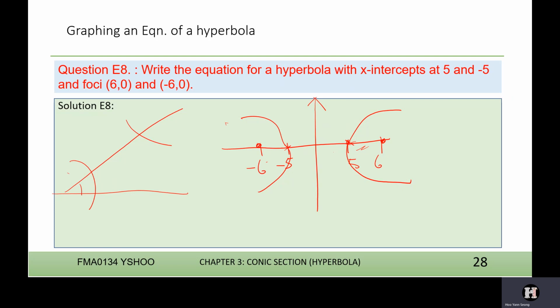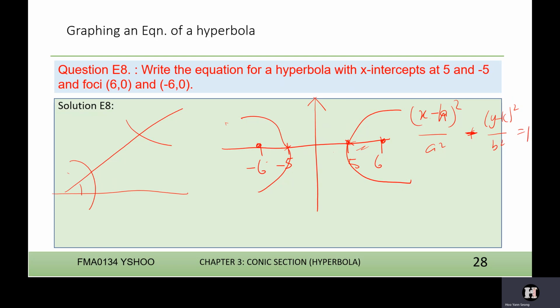So from here you know that it is a horizontal hyperbola. When this is horizontal, you can directly tell it is x minus h square over a square minus y minus k square over b square equals 1.